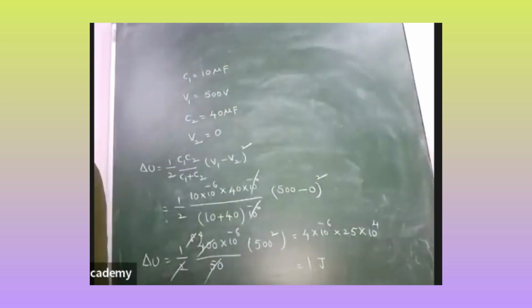Then that is equal to 1 joule. 1 joule is the answer. Delta U, the loss of energy, is 1 joule.